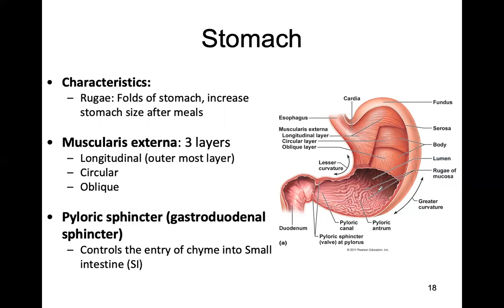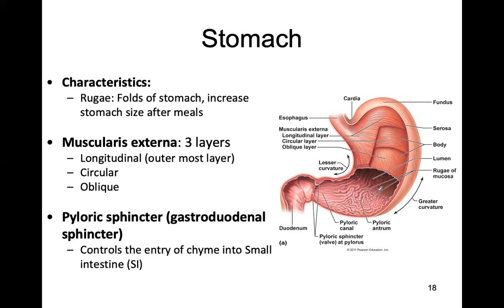Now the stomach can increase its size up to 4 liters, in an average person, by opening all of these folds of the stomach. By doing that, it can expand up to 8 times its normal size.